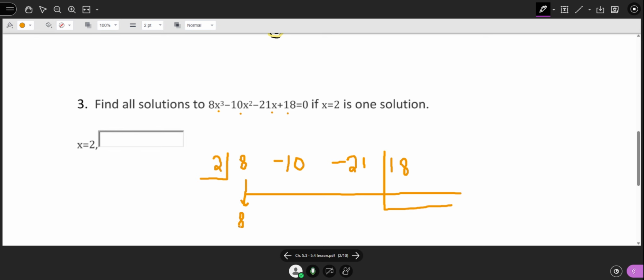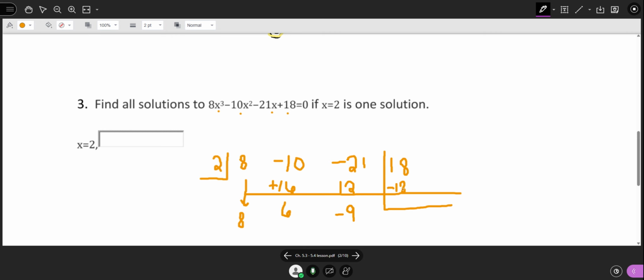So 2 times 8 is positive 16. 16 minus 10 is 6. 2 times 6 is 12. 12 minus 21 is minus 9. 2 times negative 9 is negative 18.